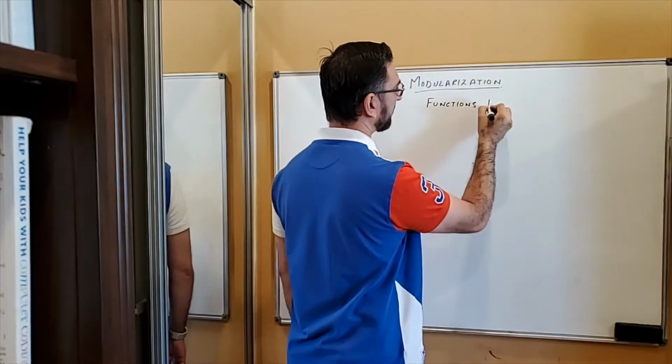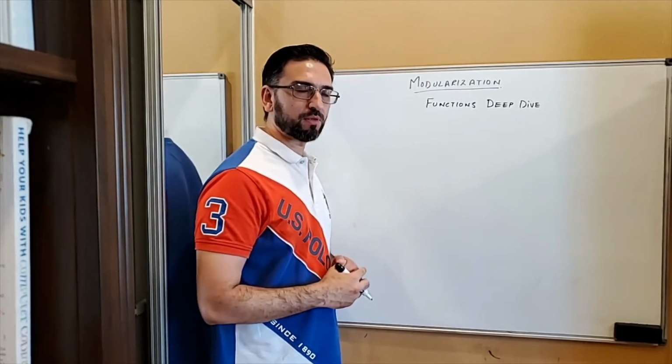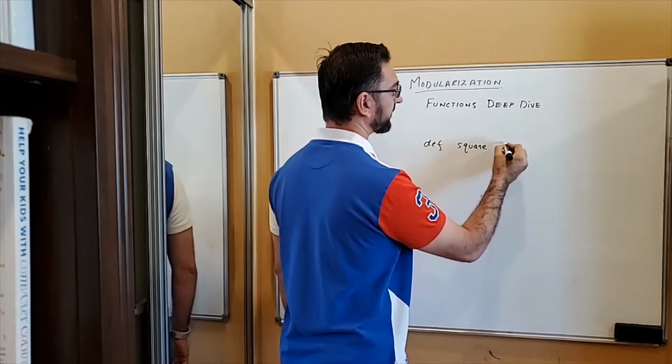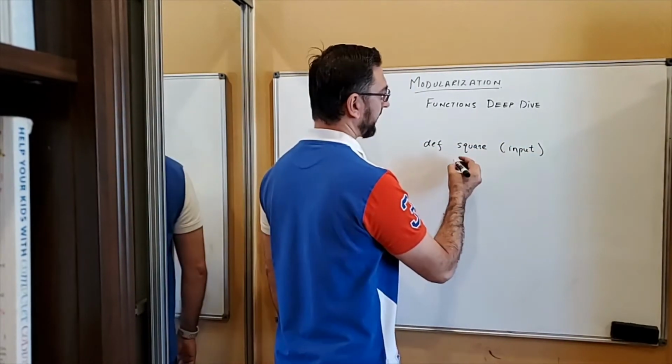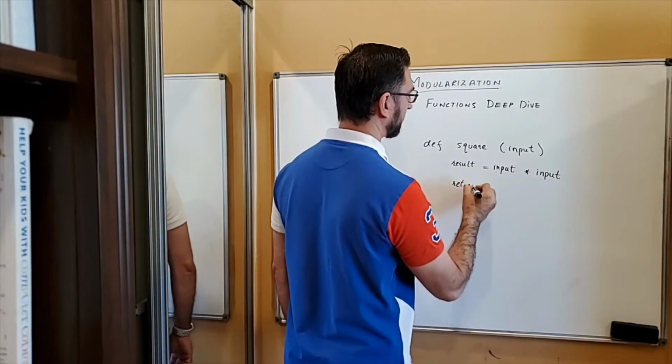So let's dive a little bit deeper into how functions handle things behind the scenes. When you define a function, let's say I define a square function, it calculates the result, and then returns the result.